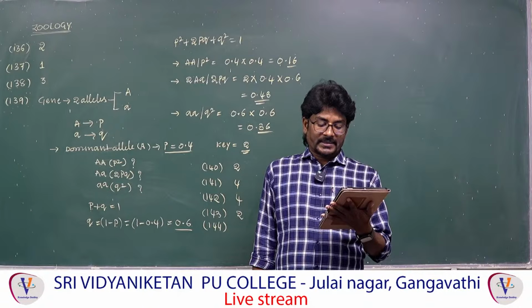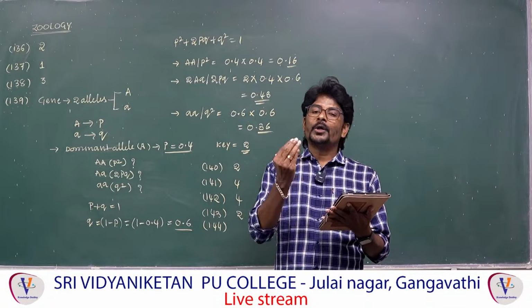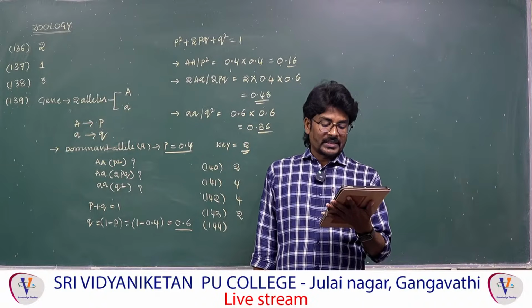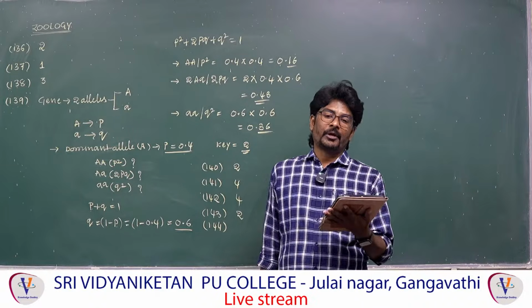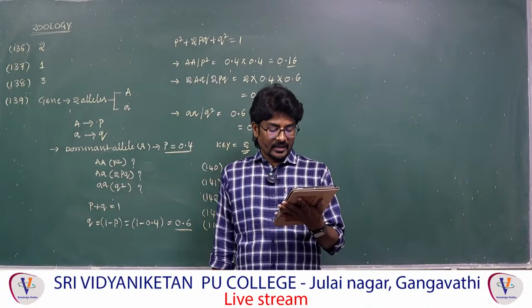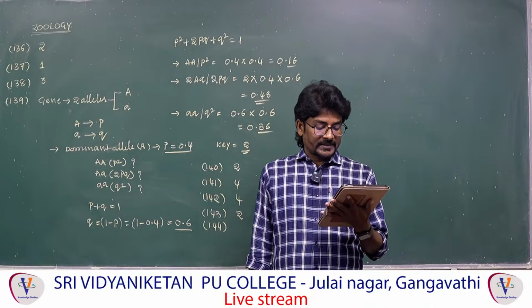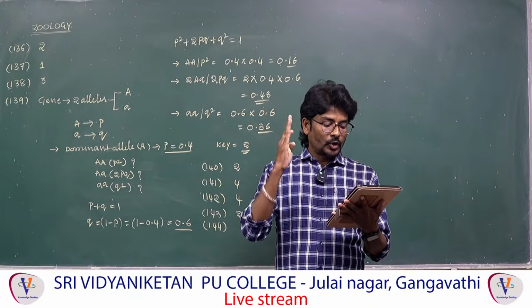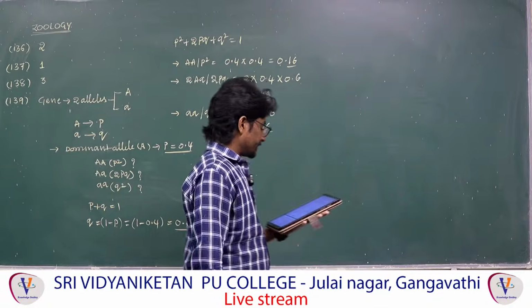Giant pteridophytes which fell to form coal deposits, so C2. And the dinosaurs disappeared about 65 million years ago, D3. So the correct option is A4, B1, C2, D3. Option 2 is the correct answer.